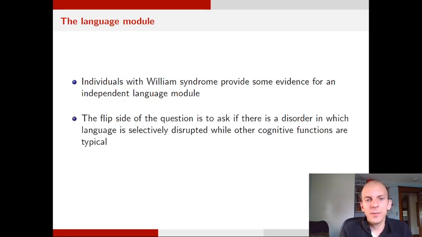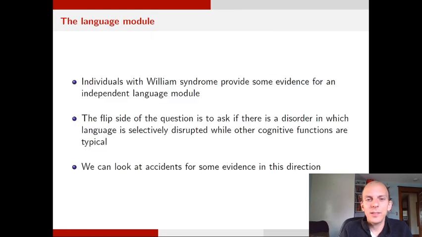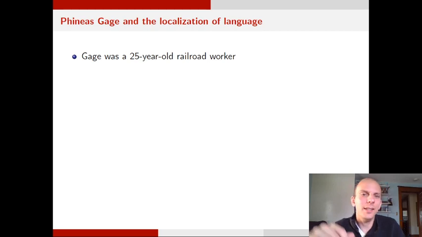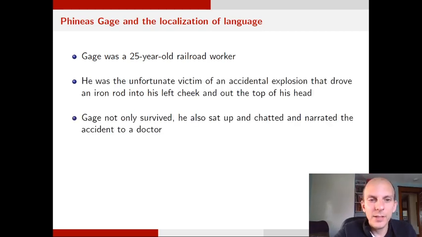And for this sort of thing, we look to accidents, and enter everybody's favorite railroad worker, Phineas Gage, a very famous individual. If you've taken some psychology classes, you've probably heard of him. Here he is. He was a 25-year-old railroad worker, working on a railroad when he fell victim to an accidental explosion.